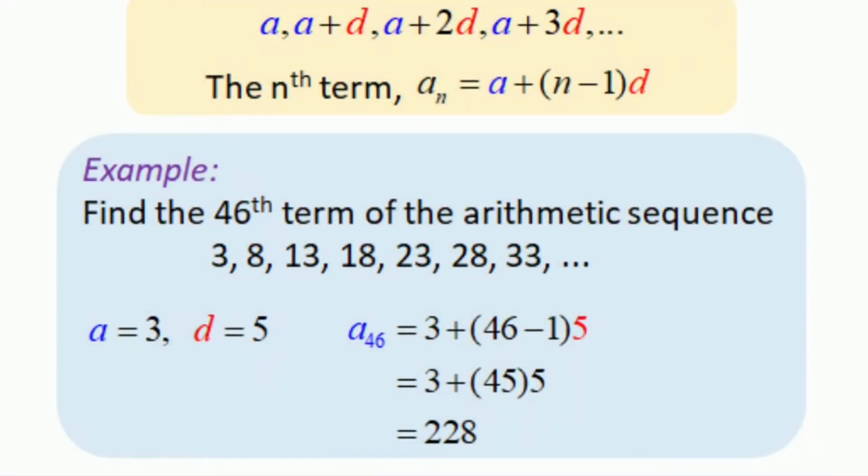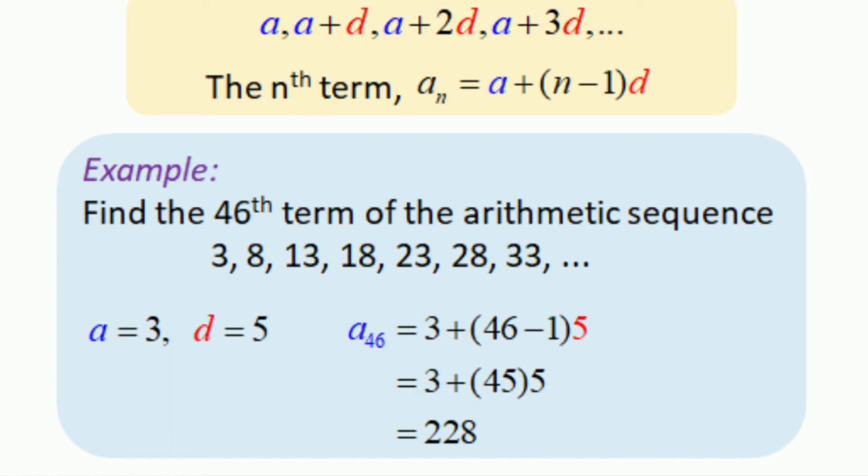We can see the example in this picture. Find the 46th term of the arithmetic sequence. a is 3, the common difference d is 5. To find the 46th term, we can use the formula that I said previously.